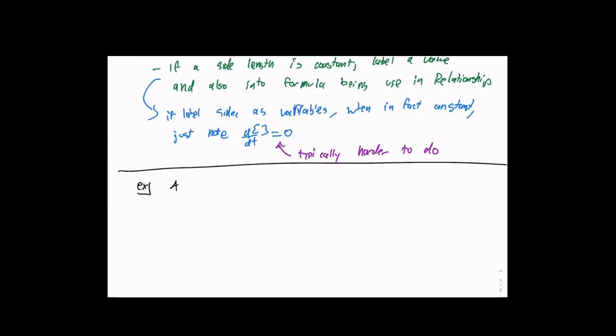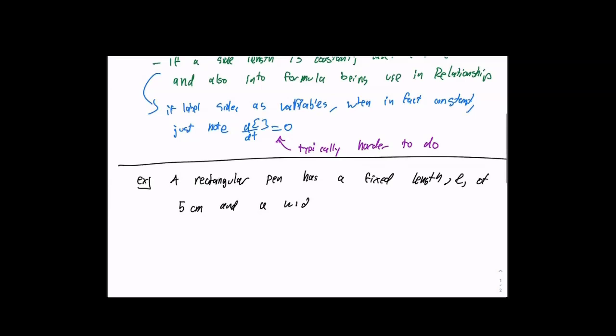So here's an example. A rectangular pen has a fixed length L of 5 centimeters and a width W that is increasing by 2 centimeters per second.